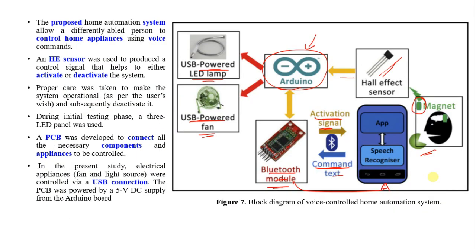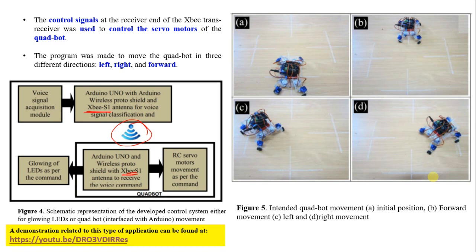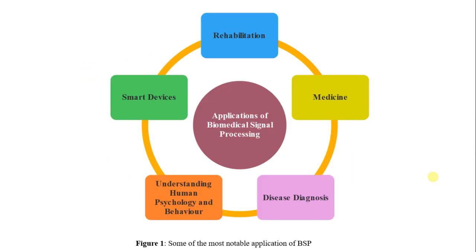If you look at all the aspects, my only point is to show you that whatever the signal is, and for whatever purpose you want to use it, you have to acquire the signal, and pre-process it so that the noise and other artifacts are removed. Then you have to develop a logic to classify those signals.